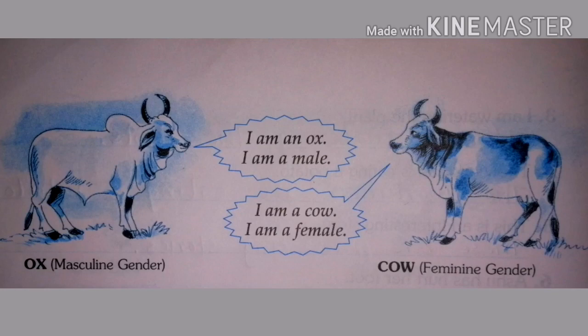Another one is named as cow, that is a female. Likewise, animals, human beings, birds are named according to their gender. One is masculine and another one is feminine. For male, it is masculine gender, and for female, it is feminine gender.